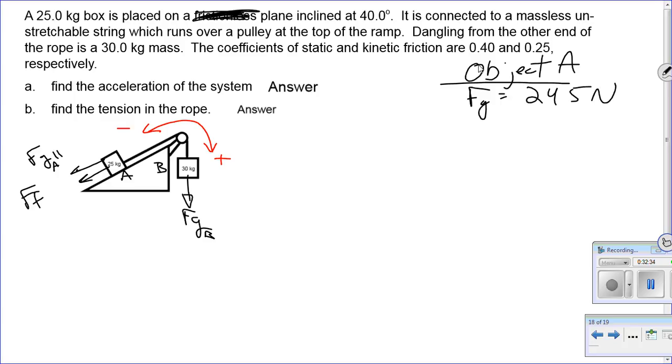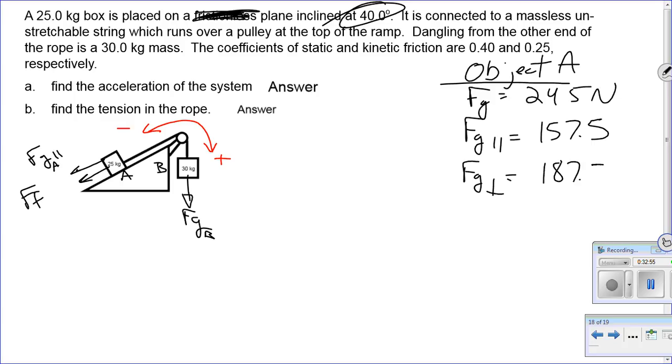So that's just 25 times 9.8. Yesterday we learned how to calculate the parallel and perpendicular components. So this is Fg sine theta and Fg cosine theta, and we know our theta is 40 degrees. This one gives you 157.5, let's call it, and this one's 187.7. That means there's going to be a normal force, also 187.7.